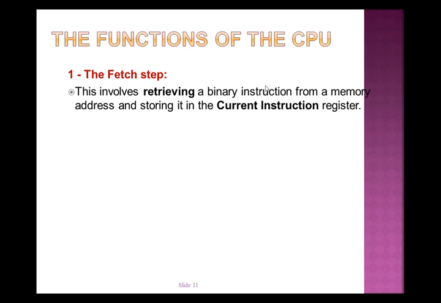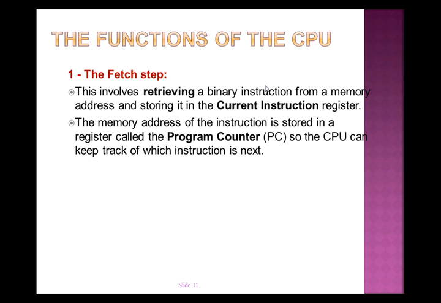Why is it stored in the current instruction register, not the PC? Because the current instruction register stores the address of the current instruction only, while the PC stores the address of the next instruction. Next, the memory address of the instruction is stored in a register known as the PC.